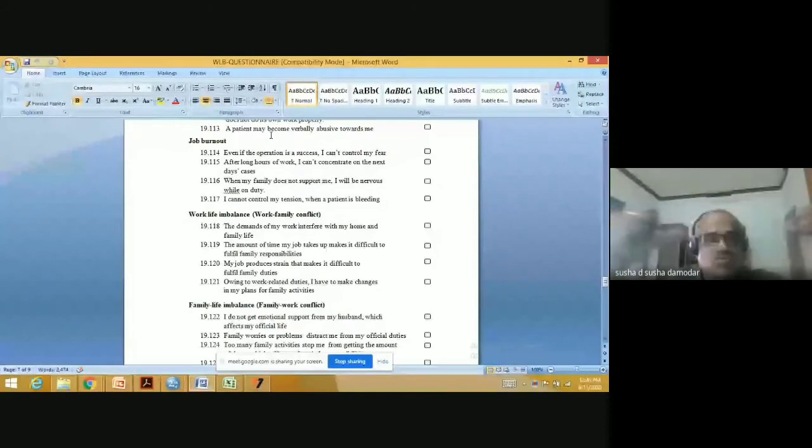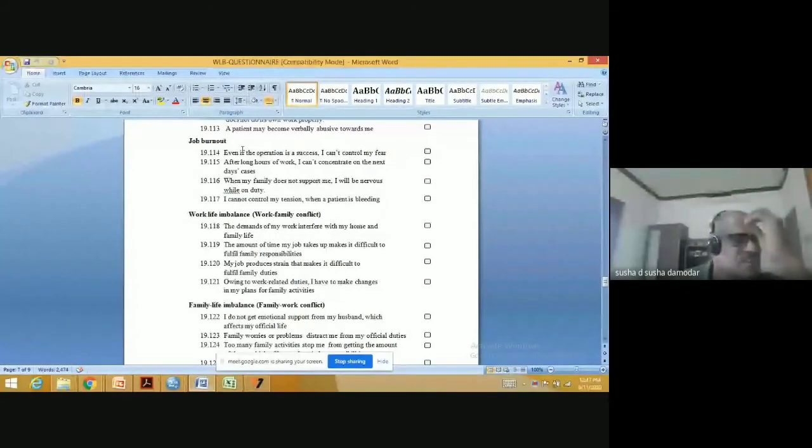So the relation is interval to interval. What will we prove? We will prove the dependence, the cause and effect relation. Therefore, the appropriate statistical method in this case is regression: how far job burnout affects work-life imbalance, or how far work-life imbalance is affected by job burnout.